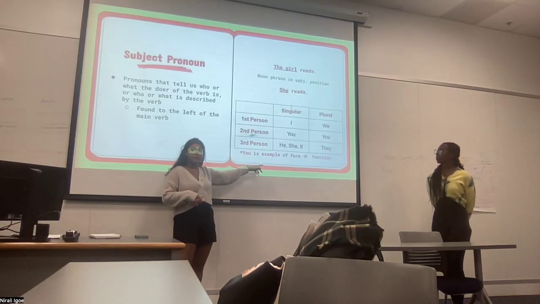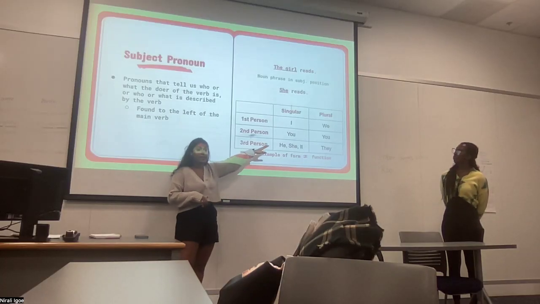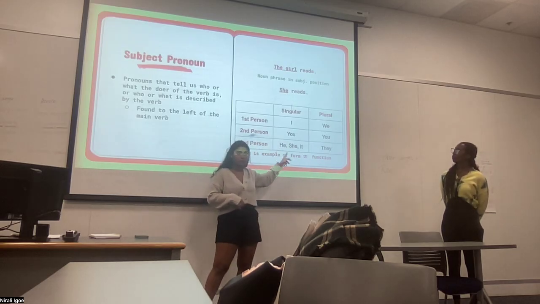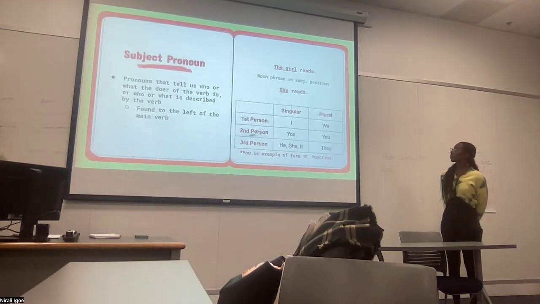This is an example of form not equaling function, right? Because it is the same form, but used in two different ways, okay? So it's something to keep in mind. Any questions?